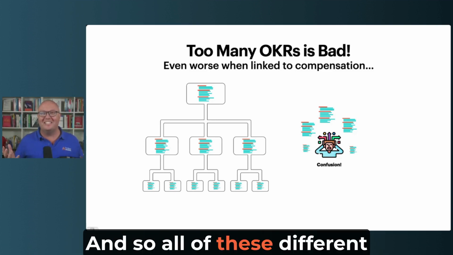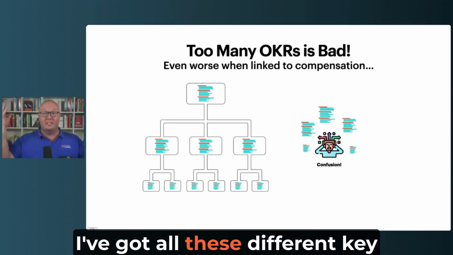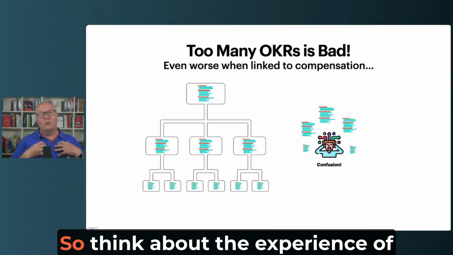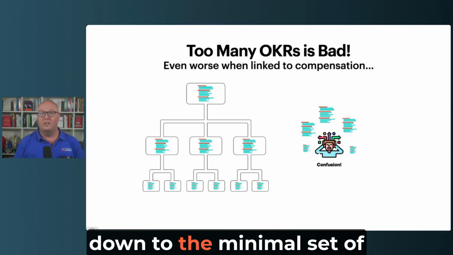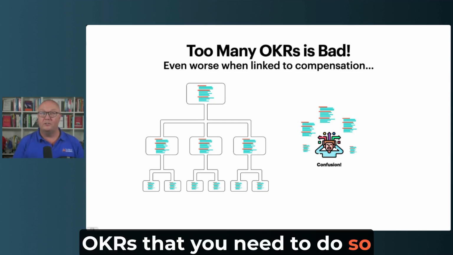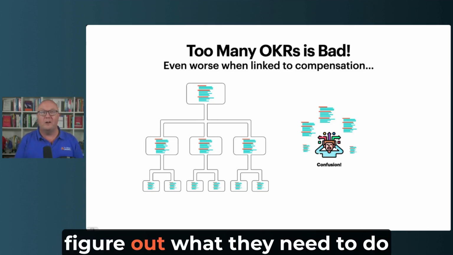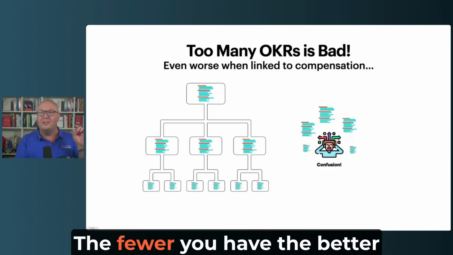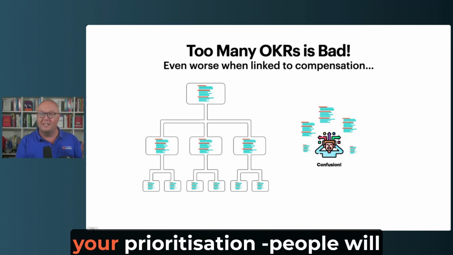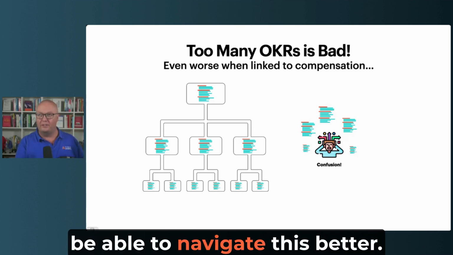They've got all these different key results they could be working on. So think about the experience of the employee and narrow down to the minimal set of OKRs that you need, so that they can relatively easily figure out what they need to do and navigate their priorities. The fewer you have, the better your prioritization. People will be able to navigate this better.